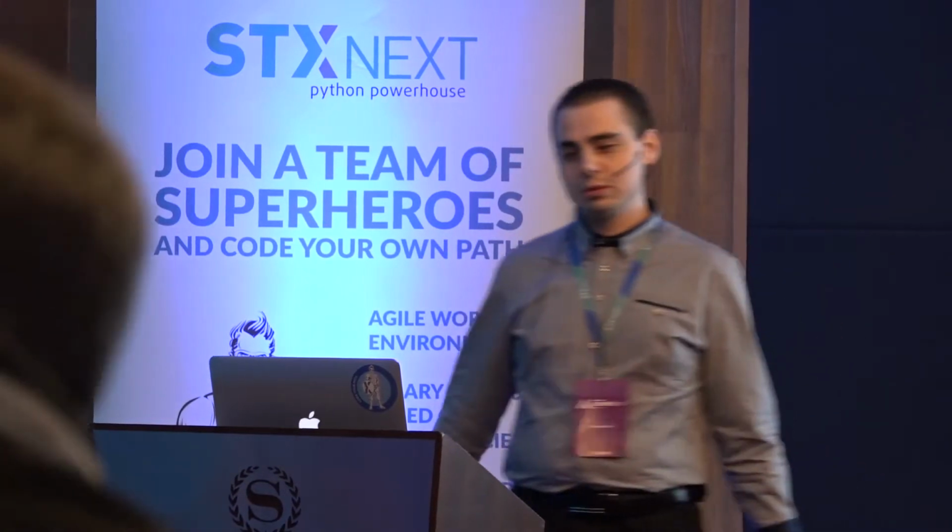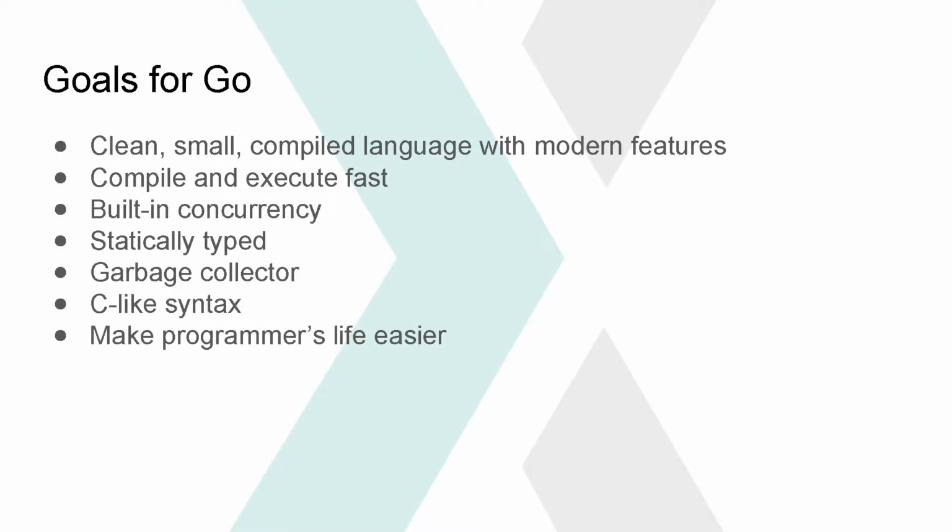So what could go wrong with the Go language? All right. So the main goals for Go are that the syntax must be clean, small, and it has to be compiled fast with modern features on board.